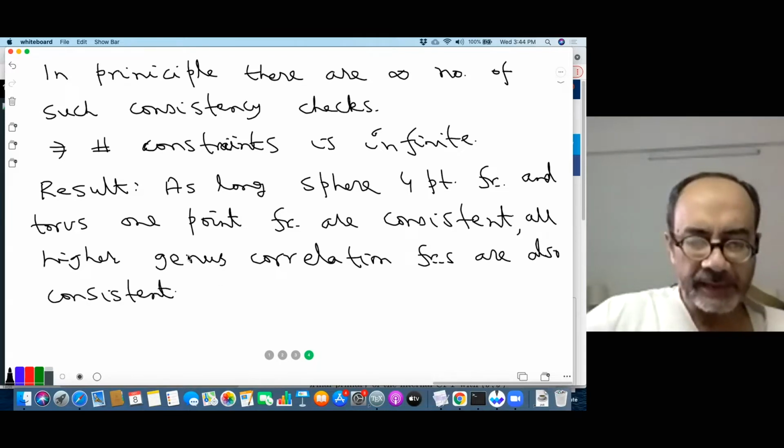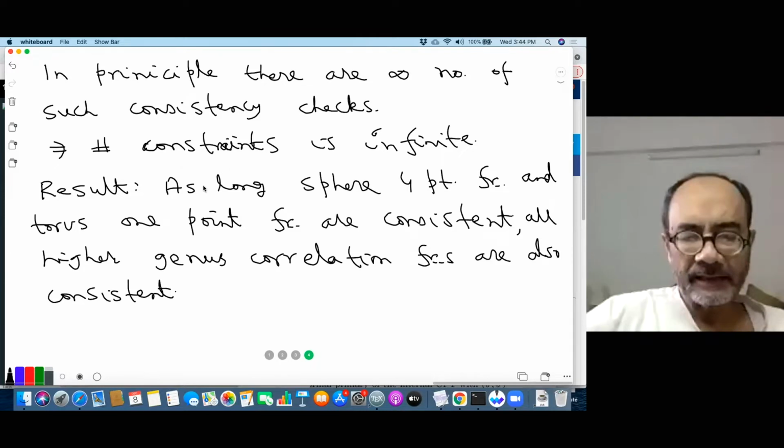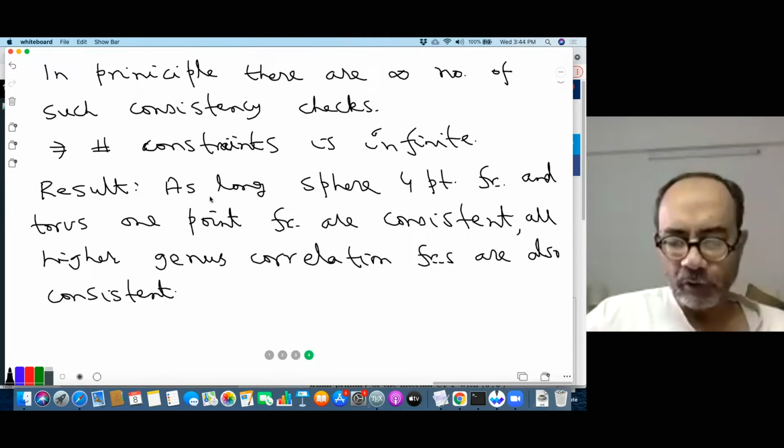So you don't really need to check infinite number of constraints. All you have to do is to check that the theory has crossing symmetry and modular invariance.